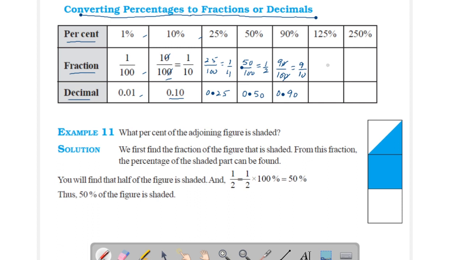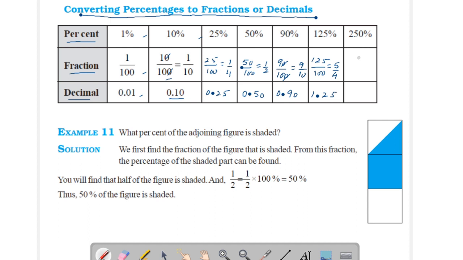Similarly, 125% in fraction, you can write it as 125 upon 100. And if you simplify it, you will get 5 upon 4. And in decimal, you can write it as 1.25.